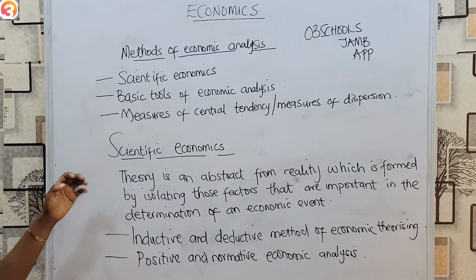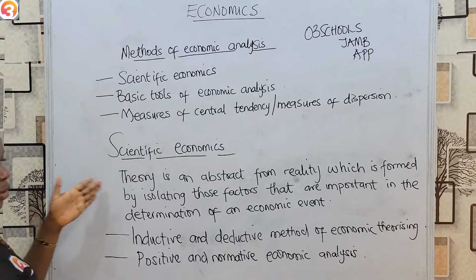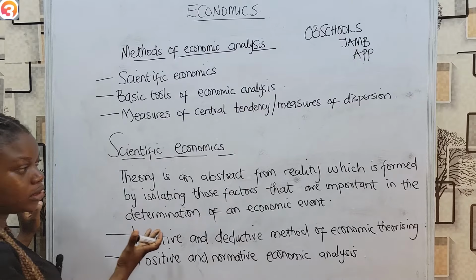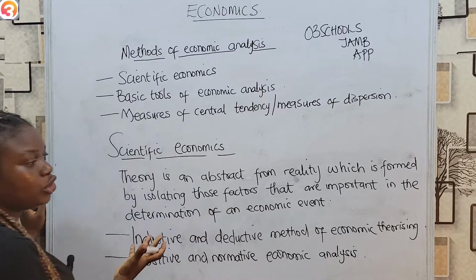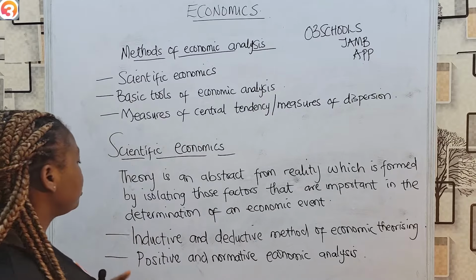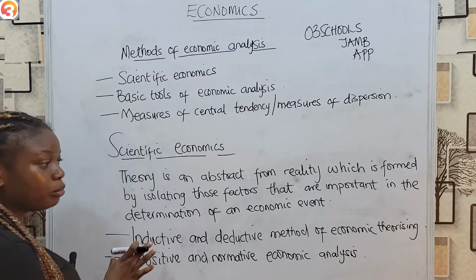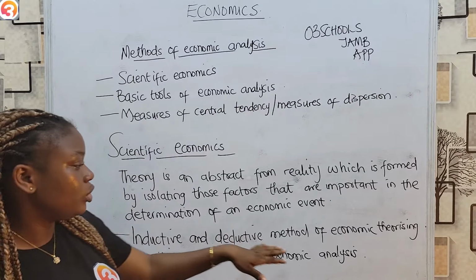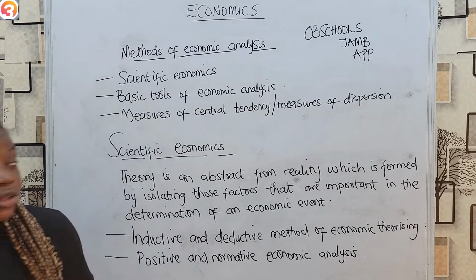And then we went on to define a theory. A theory is an abstract from reality which is formed by isolating those factors that are important in the determination of an economic event. So now we're going to be looking at each of these approaches in detail. The first approach is the inductive and deductive method of economic theorizing.